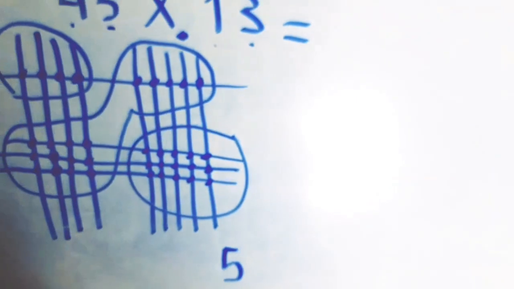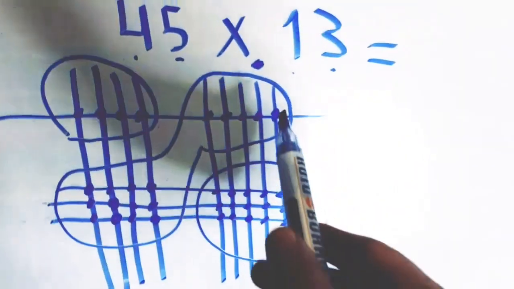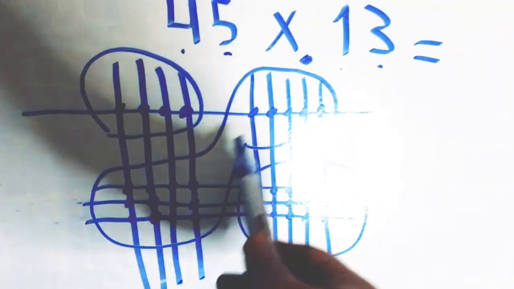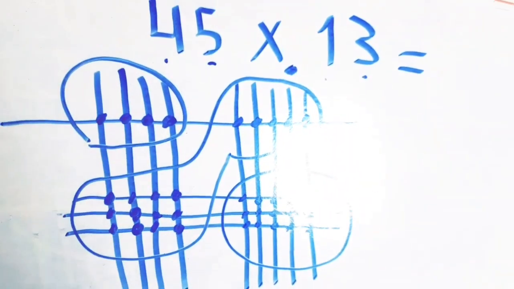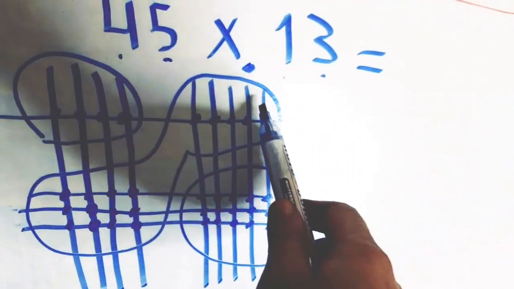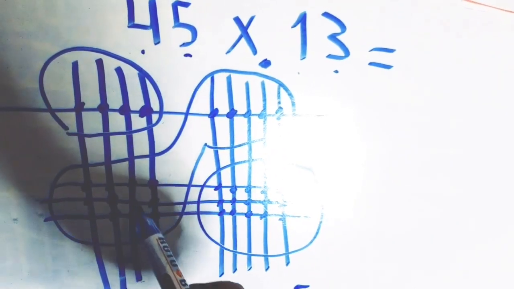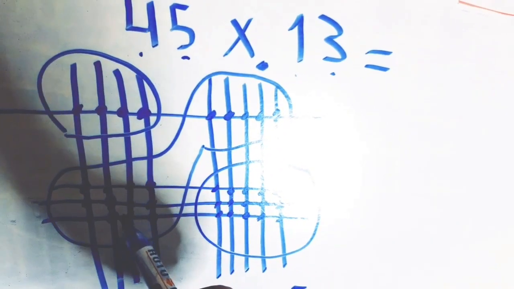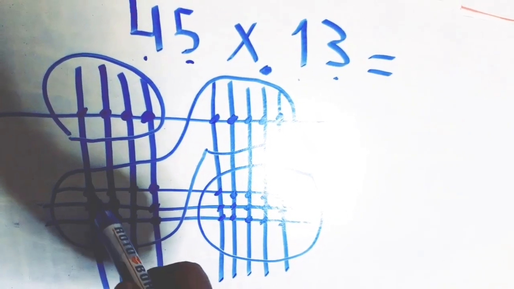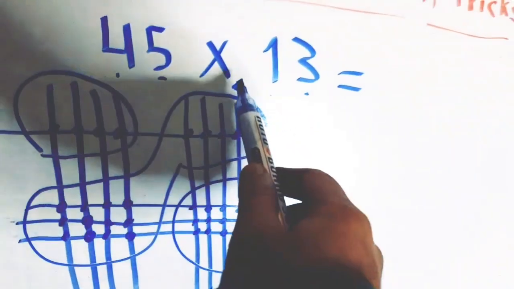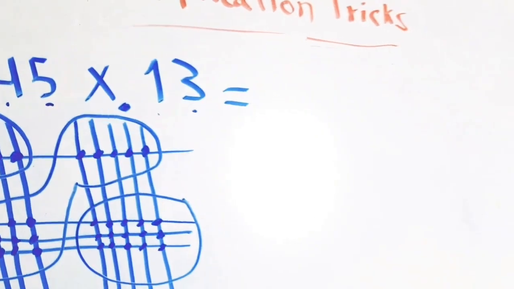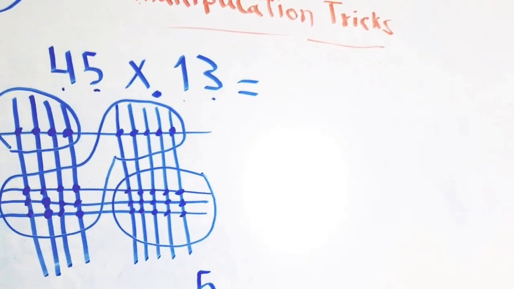Now we count the dots found in the second intersectional zone. 1, 2, 3, 4, 5, 6, 7, 8, 9, 10, 11, 12, 13, 14, 15, 16, 17. 17 plus 1 dot, so we have 18.